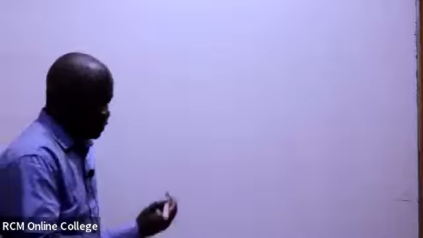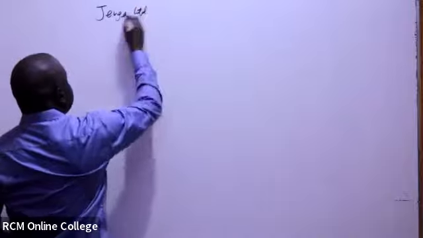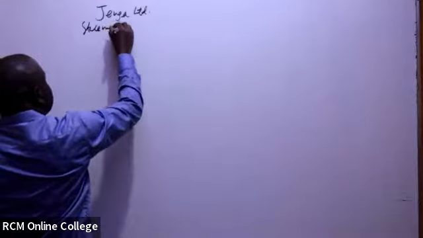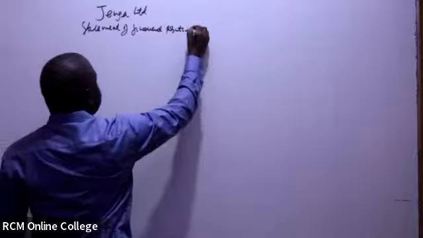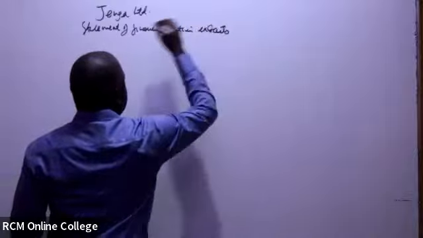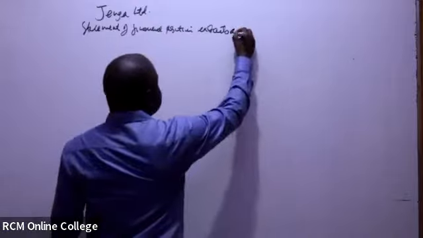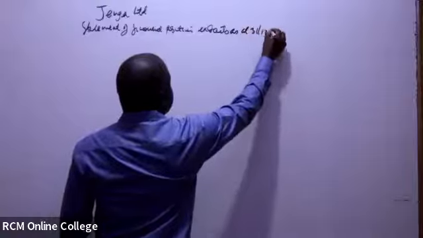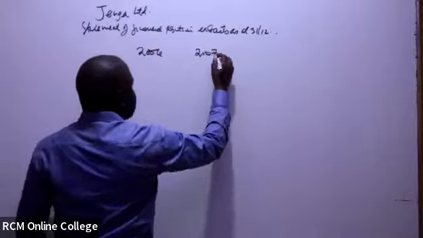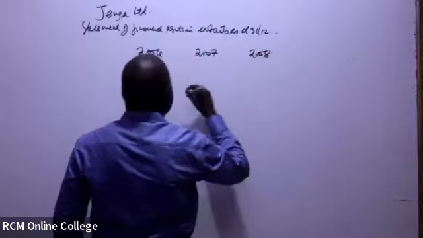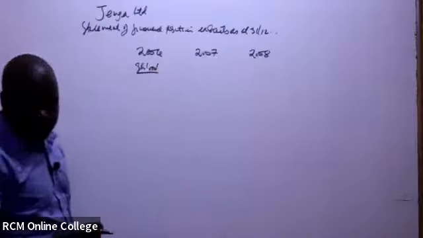So in this case, we have BGH Limited, statement of financial position extracts, as at 31st of December, for the years 2006, 2007, and 2008.